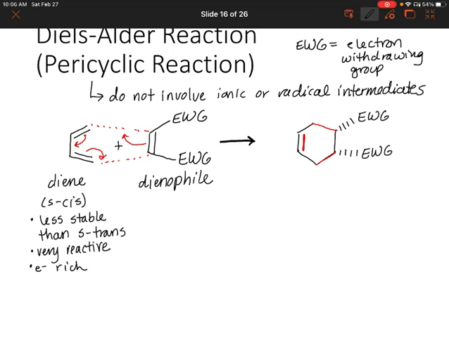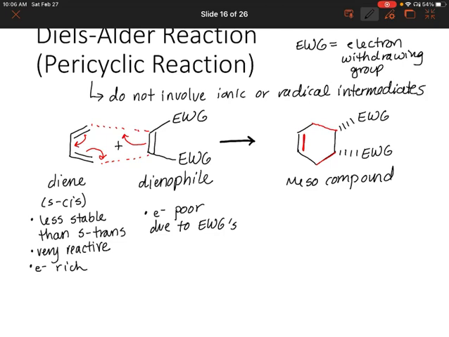And notice that this molecule that we've produced has a plane of symmetry. So this is a meso compound. Okay, so again, let's just make a note under the dienophile. It is electron poor due to electron withdrawing groups.